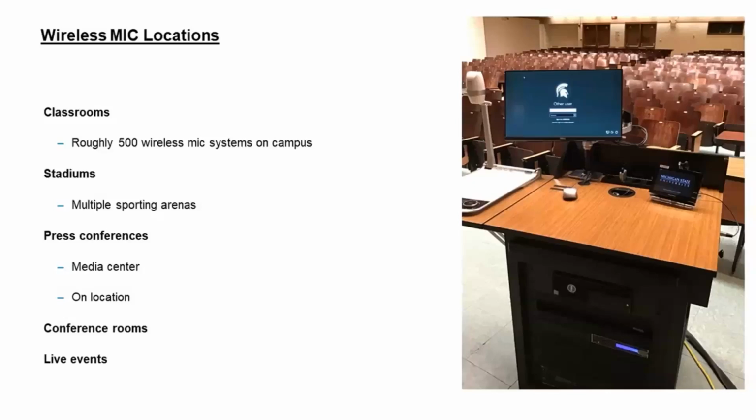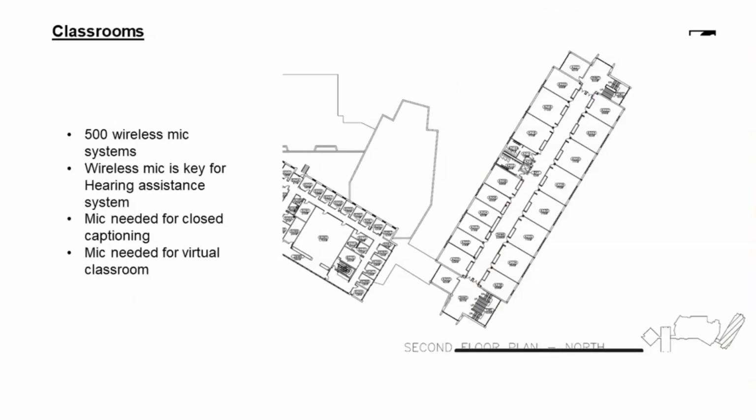Stadiums: there are about 25 varsity squads on campus, so lots of different venues for that. Press conferences: our group also supports press conferences for athletics and whatnot. Conference rooms and live events. I'll start with the classrooms.